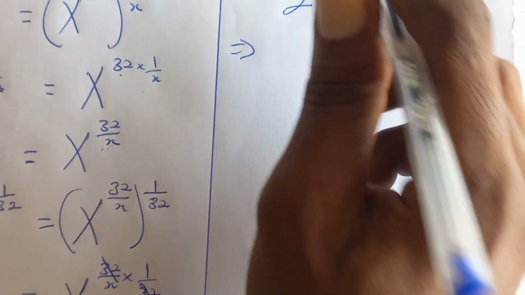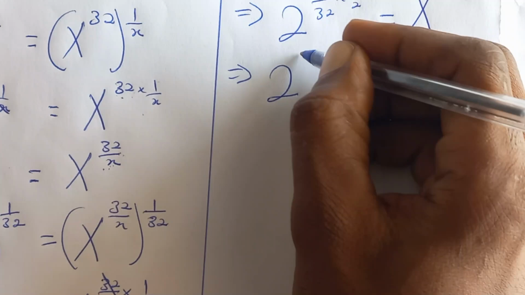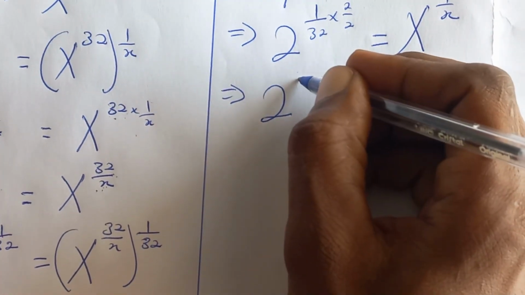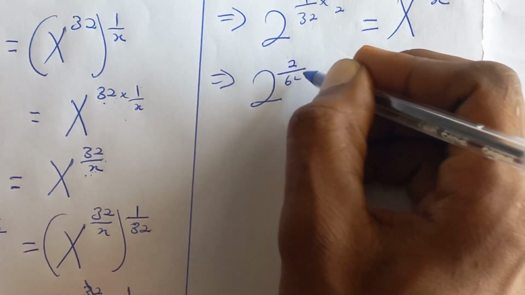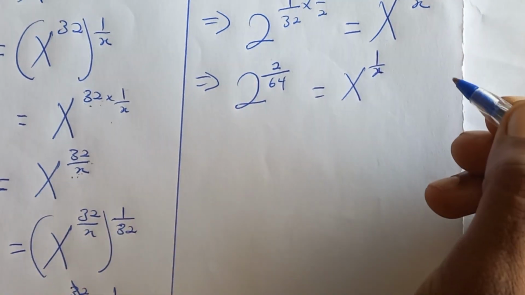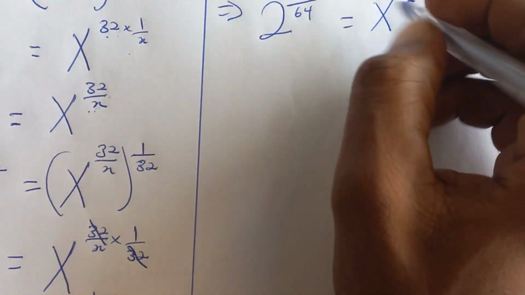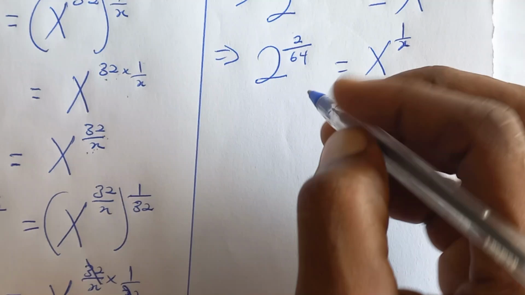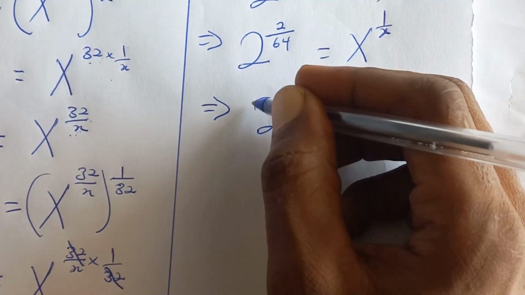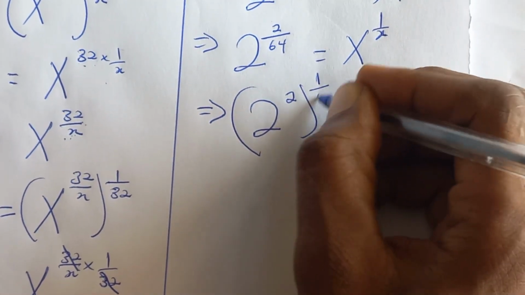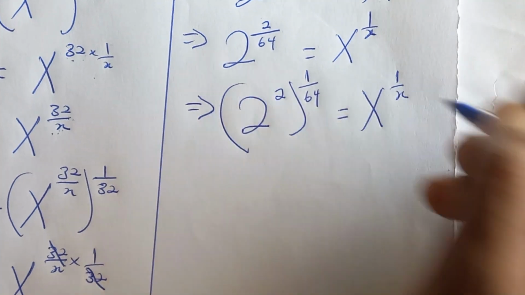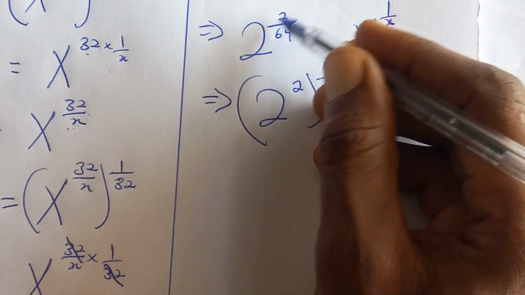And this here is going to give us 2 exponent 2 on 64, which is equal to x exponent 1 on x. We can rewrite this as 2 exponent 2 bracket 1 on 64, factorizing 2 outside.